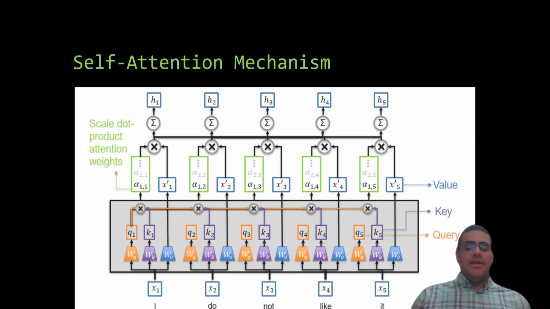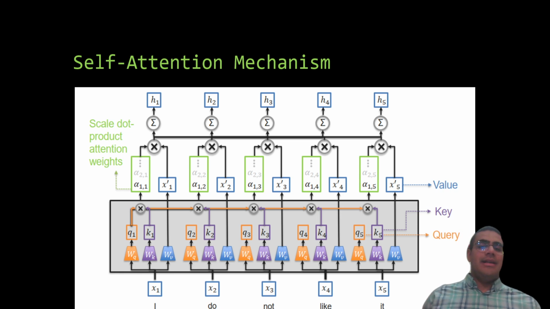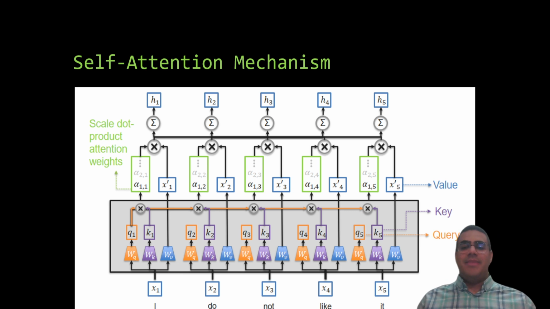In the encoder part of vision transformers, or any kind of transformer, the most important idea is called the self-attention mechanism. What the self-attention mechanism does is that it is a very clever way of finding the relationship between different tokens or different patches.